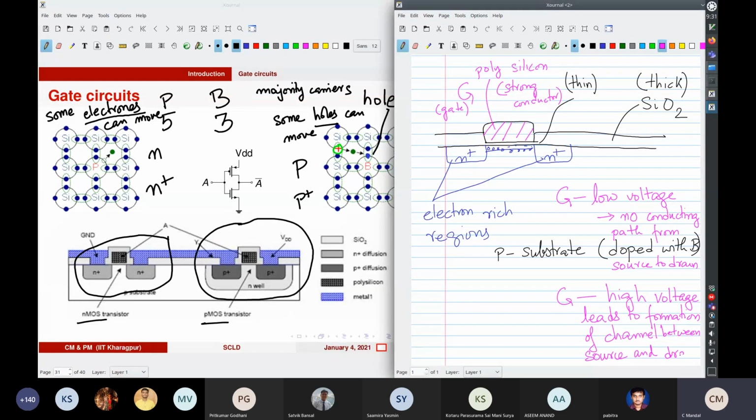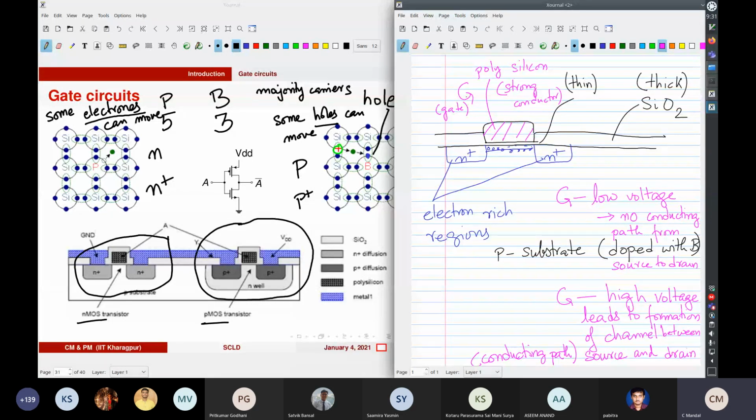All right, so in other words, that's a conducting path. So current can flow between the source and the drain. In other words, it's like a switch.